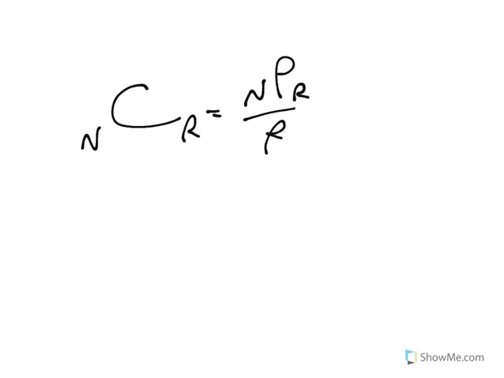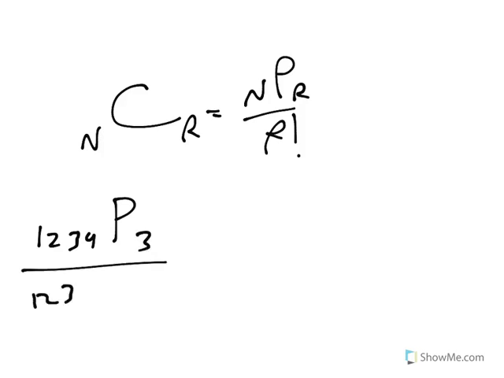Actually, I'll mention one last thing because I put it on a test sometimes. I like this question. We know that NCR is NPR over R factorial. So a question I've asked before is, what's 4P3 over 4C3?